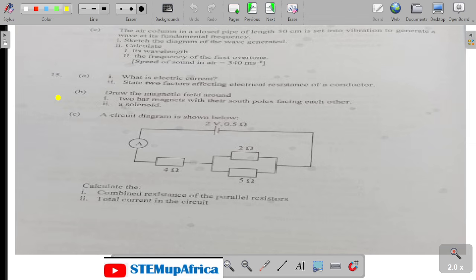Then 15C, he said the circuit diagram is shown above. So look at the question. These two are connected in parallel. It says calculate the combined resistance of the parallel resistors. So we have 2 and 5 connected in parallel.